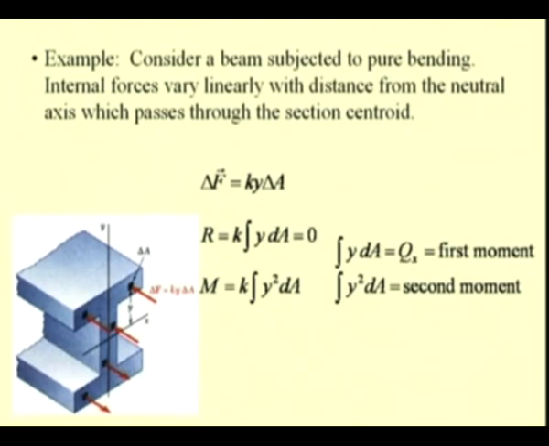But if we take the moments of all these forces, the moment is y times the force, which is k y delta A, and so the total resultant moment of all these forces, say M, is equal to k integral y squared dA, k being a constant taken out of the integration.